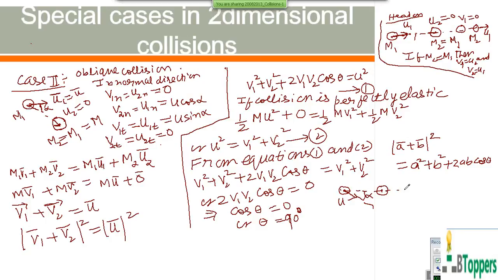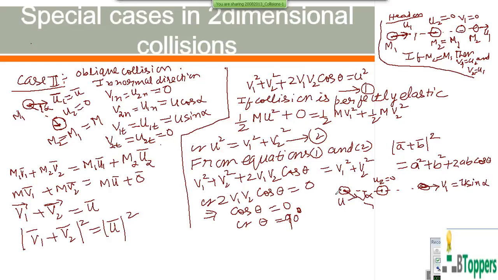Collision is elastic. Then after collision, the first sphere will have no velocity in the normal direction. So after the collision, the first sphere will move in the tangential direction. So the velocity of the first sphere after collision is equal to the velocity in the tangential direction, that is u sin alpha.